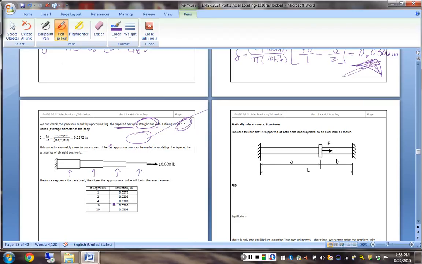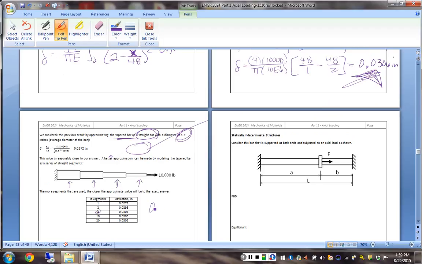And if you do that, in fact, with 4 segments, this table shows you what happened. Here, if you say 1 segment that's 1.5 inches, you get 0.0272. If you cut it into 2 segments, you get 0.0295. If you cut it into 4, you're already to 0.0303, and the exact analytic answer is 0.0306.